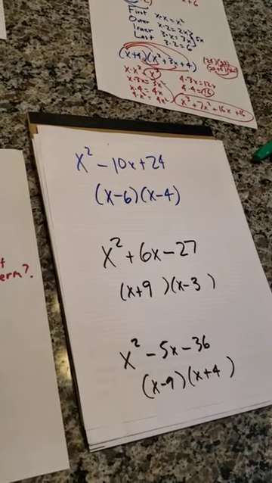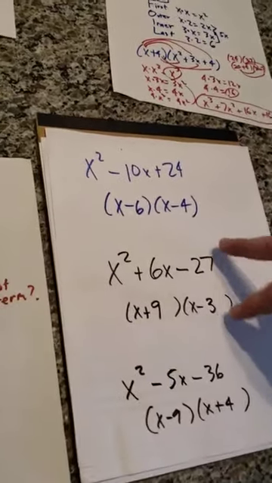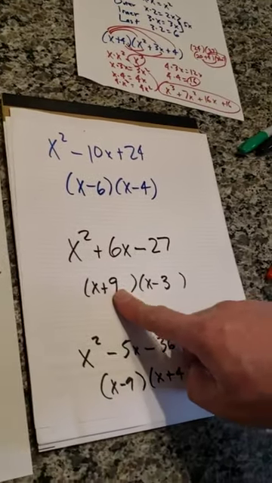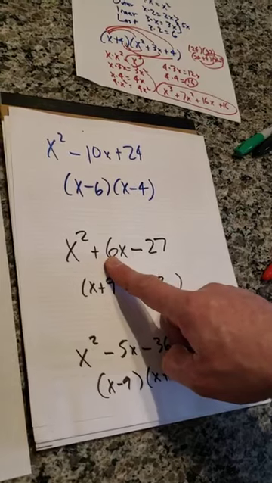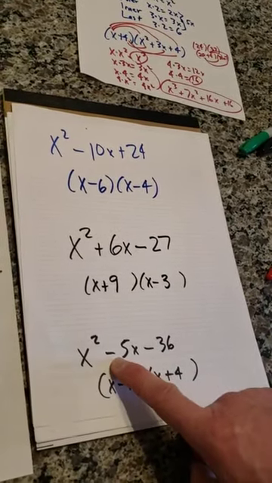One last thing, I'm trying to keep this video short. You will notice in these two examples when the last number is negative, here the 9 is positive, and so is the 6 in the middle. Here the 9 is negative, and so is the 5.